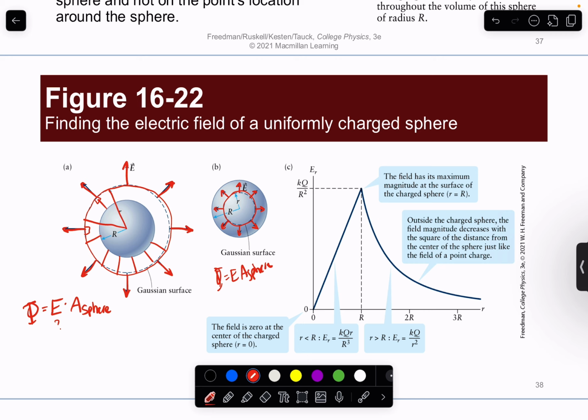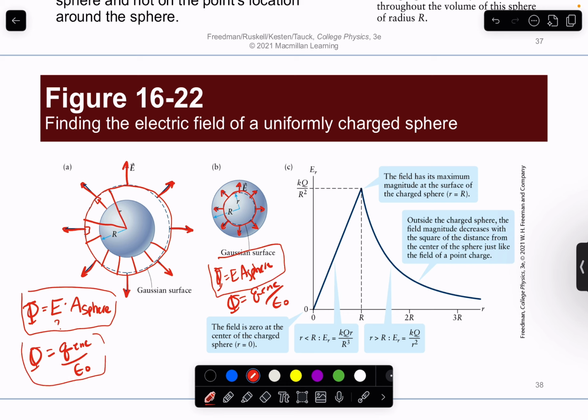Well, the right-hand side of Gauss's law tells us that the flux is equal to the charge enclosed over epsilon naught. So what I can do is, I independently figured this out on the left-hand side of Gauss's law. Now I'm going to use the right-hand side of Gauss's law, and then I'm going to put them together, okay?